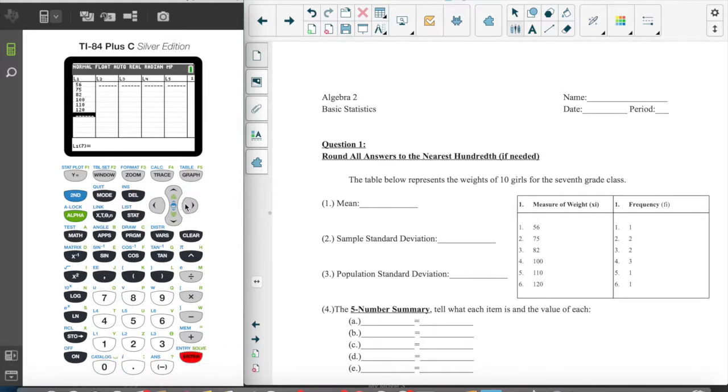Then we're going to go over to L2 and input the frequency, which is how many times each number appears within doing the test.